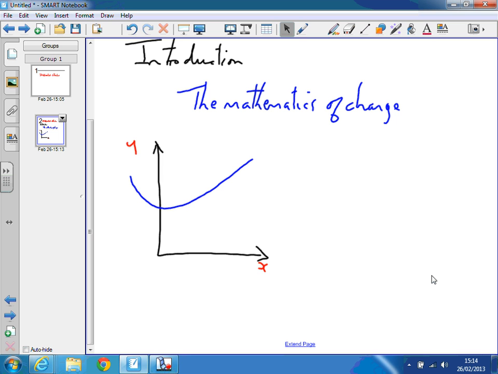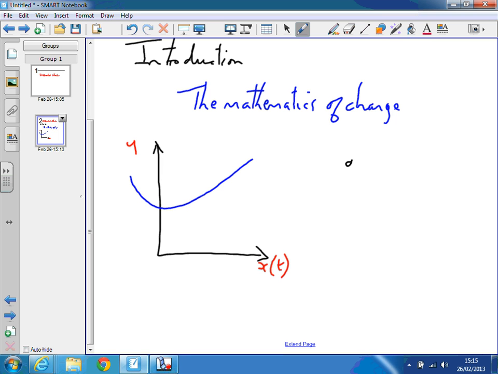As x changes, what happens to y? This is often time, but it doesn't have to be. So how is y, the variable on the y-axis, which could be force, could be voltage, could be current, how is that changing with time or some other variable? Okay? And this graph shows that function.